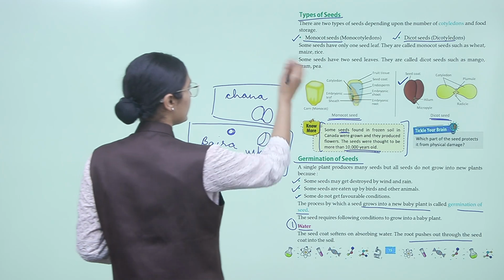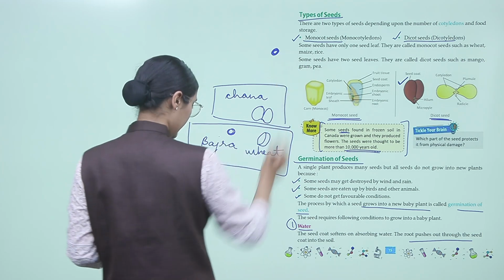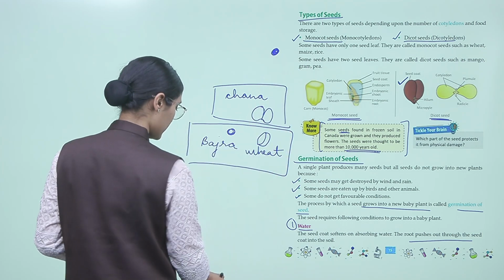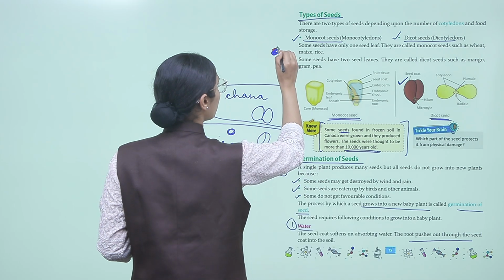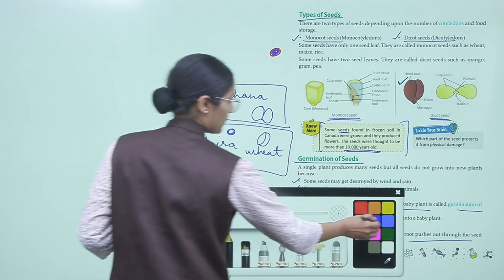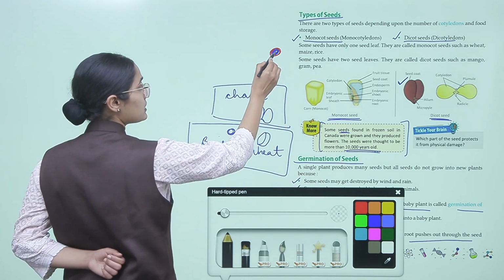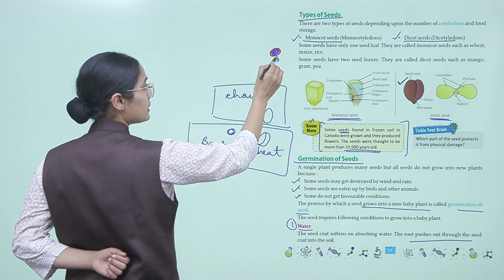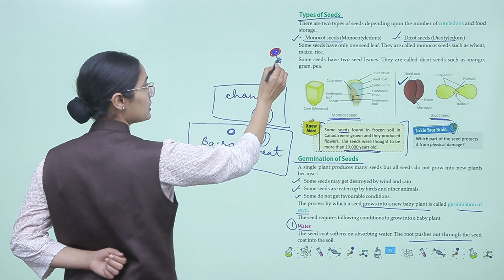So students, let's say this is a seed, and there is a seed coat outside this seed. Only when this seed breaks this seed coat and comes out will it start to grow.